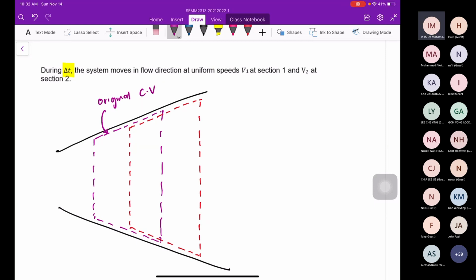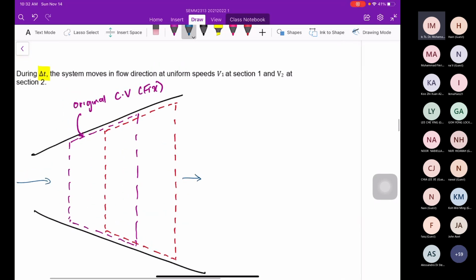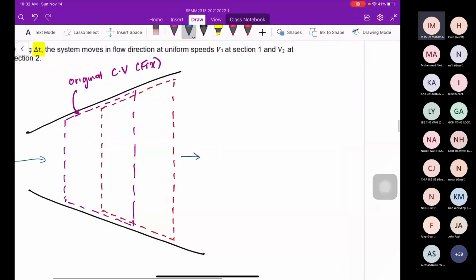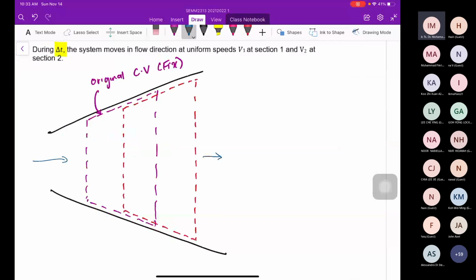This is the original control volume, which is fixed. And we have the flow from left to right. Then we need to define the regions. This is I, and this is II.